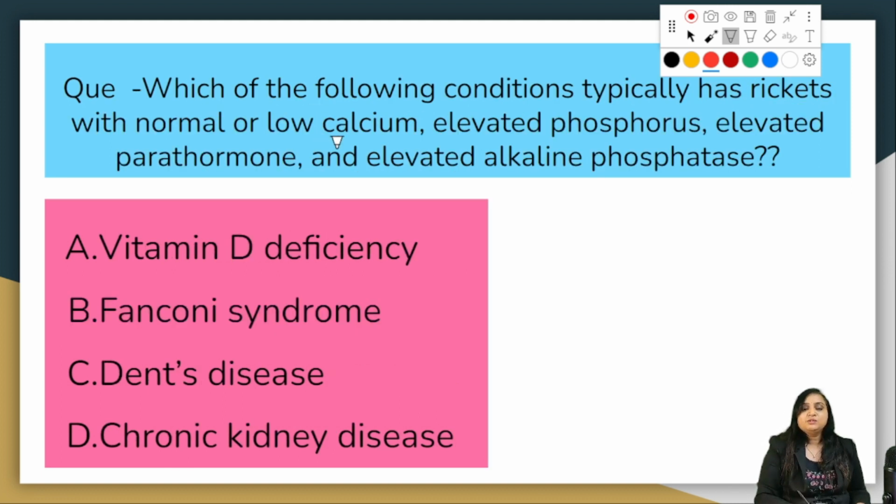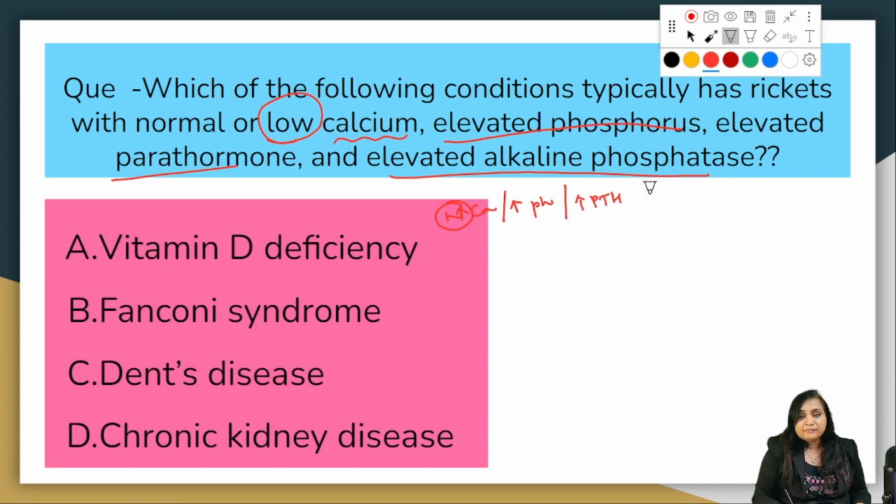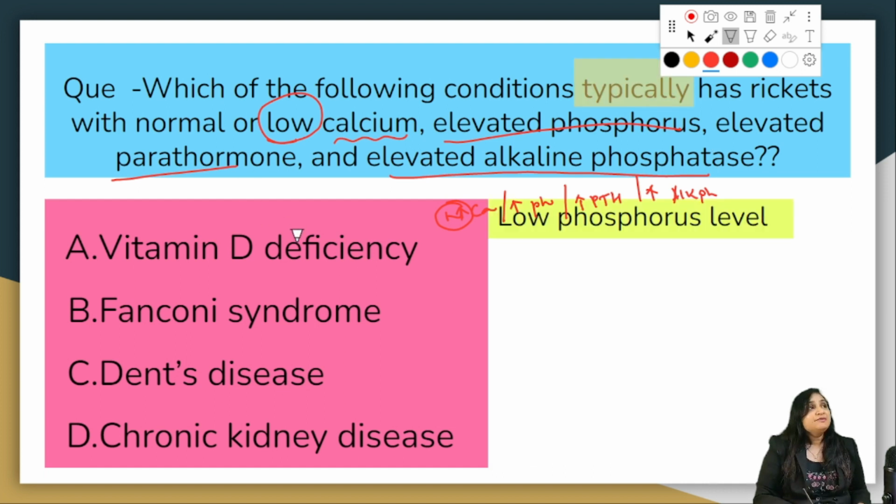The next question is, which of the following conditions typically has rickets with normal or low calcium, elevated phosphorus, elevated PTH and elevated alkaline phosphatase? In vitamin D deficiency, we know there will be low calcium as well as low phosphorus.